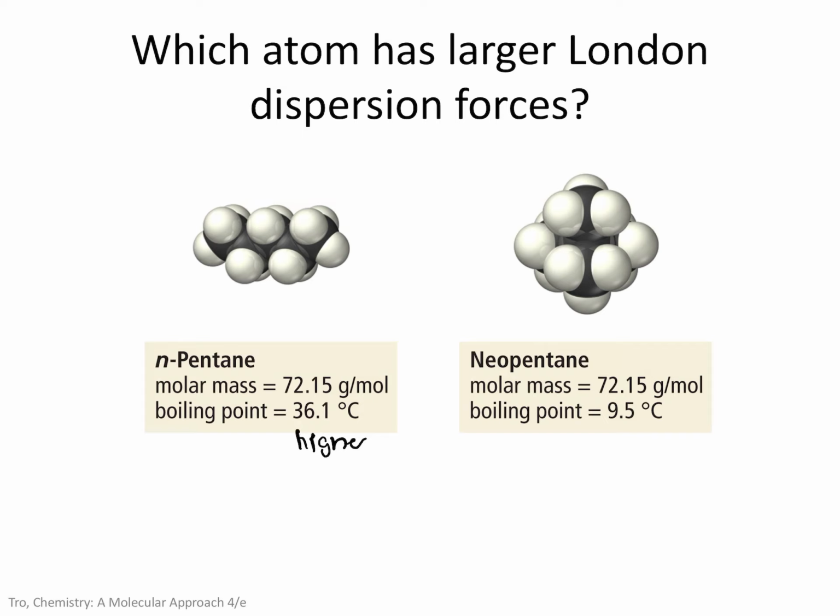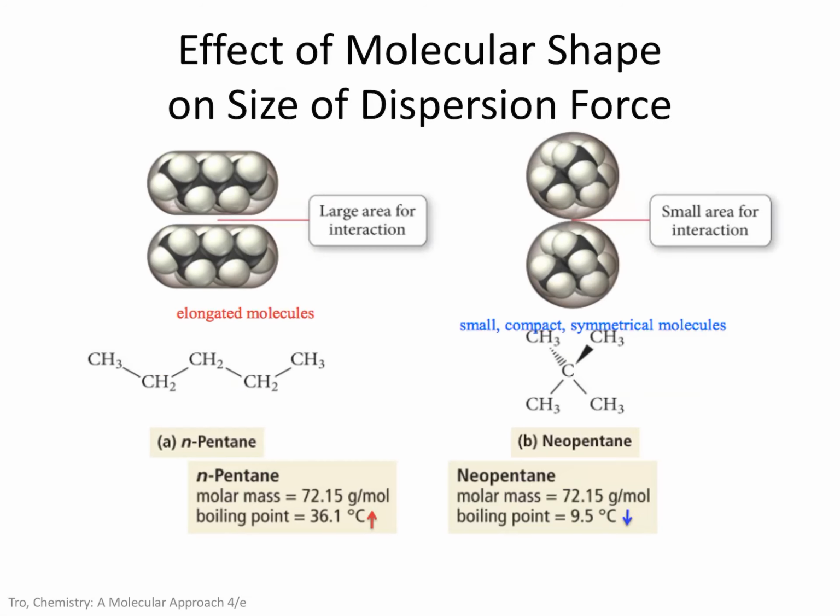The N-pentane molecules are long and can interact with one another along their entire length. But because neopentane is bulky and has a round shape, the molecules result in a smaller area of interaction between neighboring molecules, and therefore they have a lower boiling point. So here you can see the structural example of both.